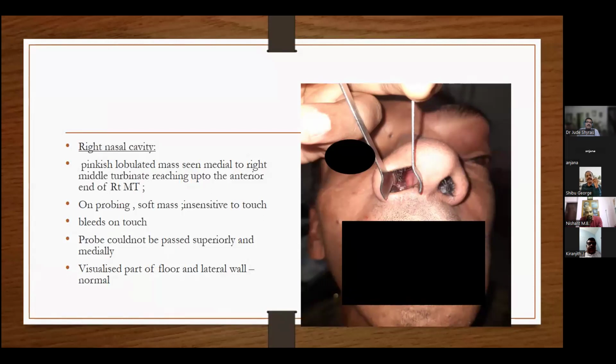How do you visualize the floor and roof of the nasal cavity? In anterior rhinoscopy, how are you visualizing? Sir, roof and floor can be visualized.